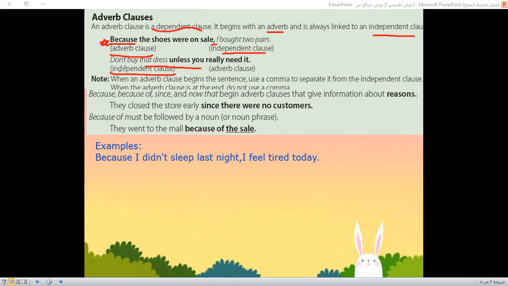What does independent clause mean? A sentence that can be on its own and give a complete meaning. For example, if I say don't buy that dress, if I stop here, is the sentence still complete? A normal, understandable sentence? Yes. It's just I'm saying don't buy that dress. But I completed it and I used an adverb clause, unless you really need it. Because I started with the independent clause, I don't need a comma.